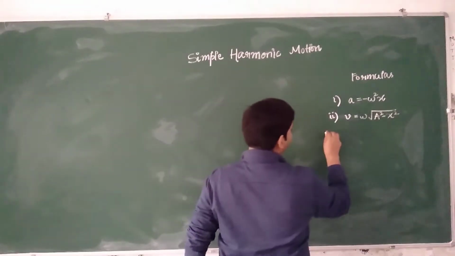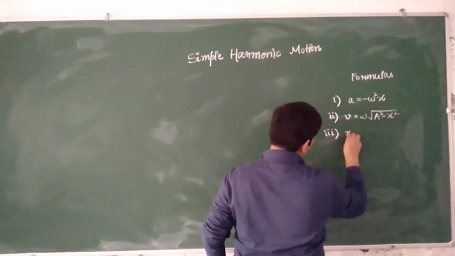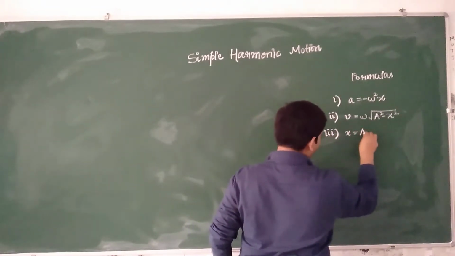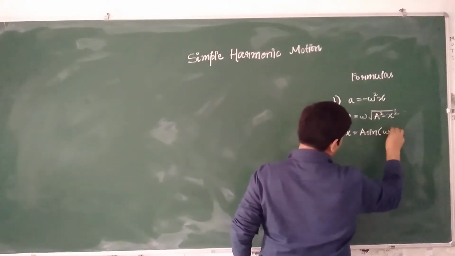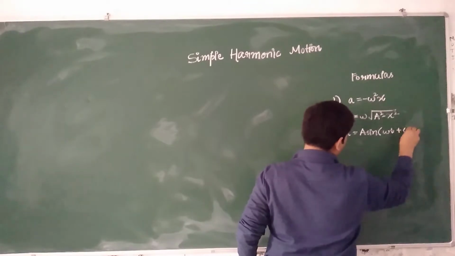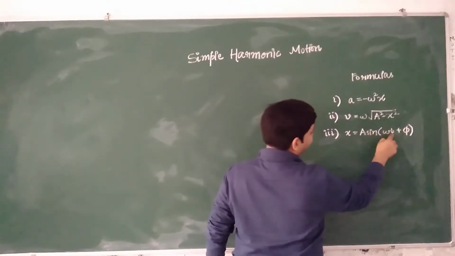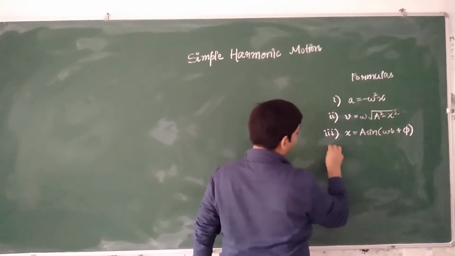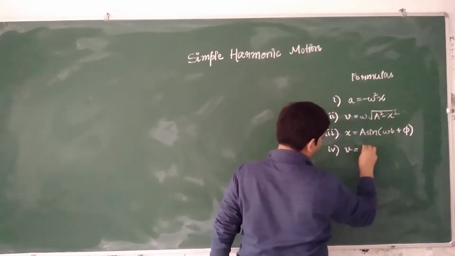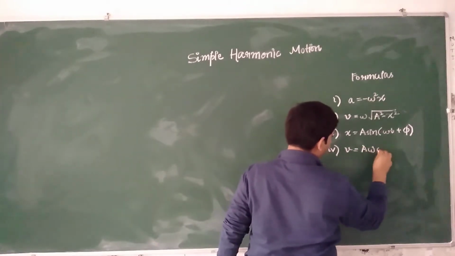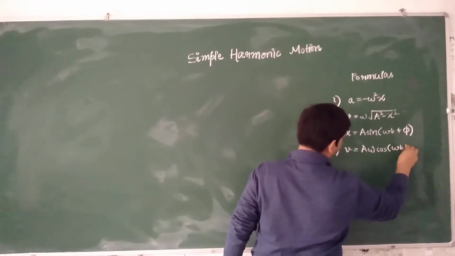And the third relation we have is x is equal to A sine omega t plus phi. So this equation relates the displacement of the particle with time. The fourth equation we have is v is equal to A omega cos omega t plus phi.